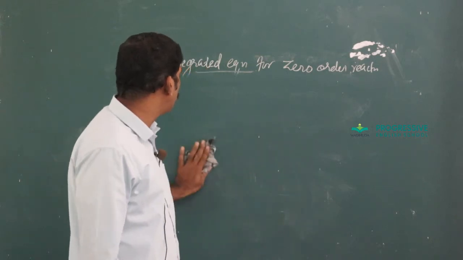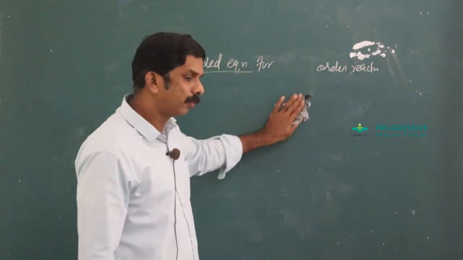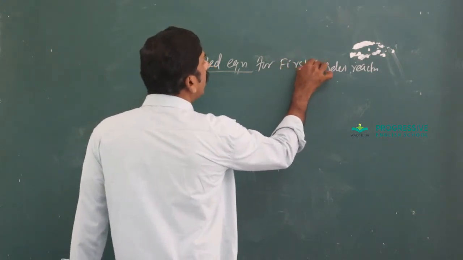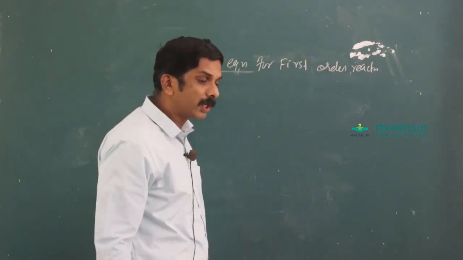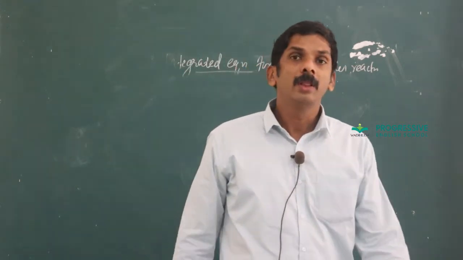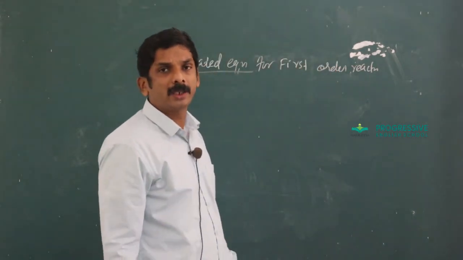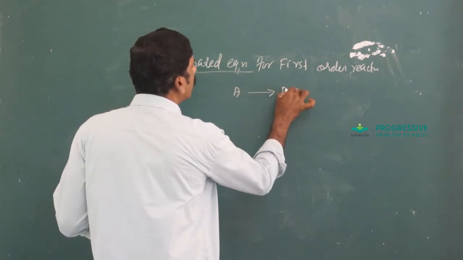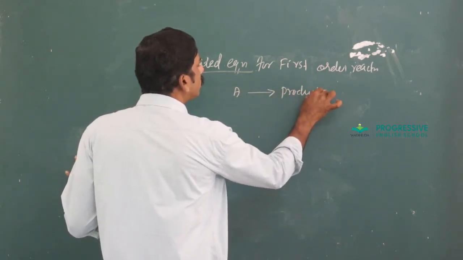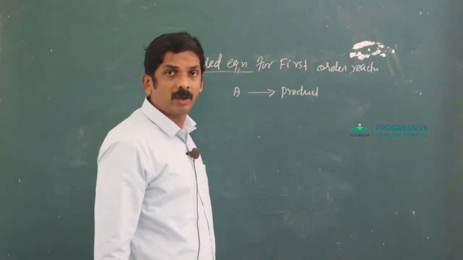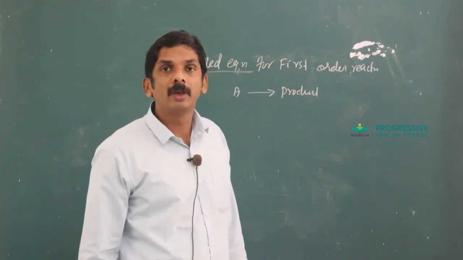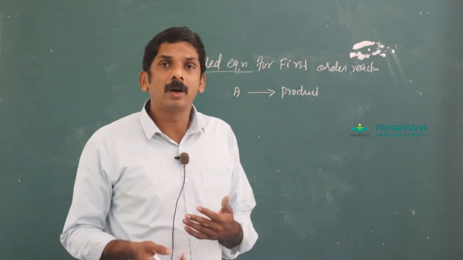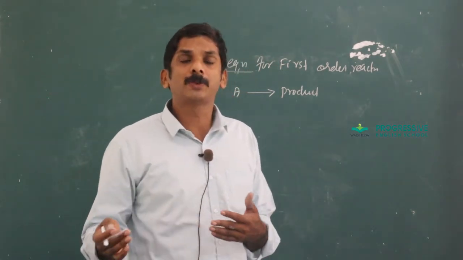We have to derive the integrated equation for a first order reaction. Same example, that is, when A gives product and follows first order kinetics, how can we write the differential expression?